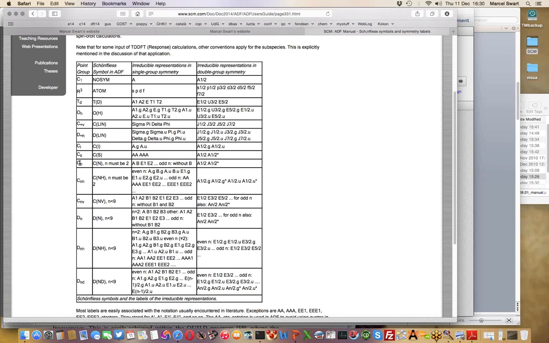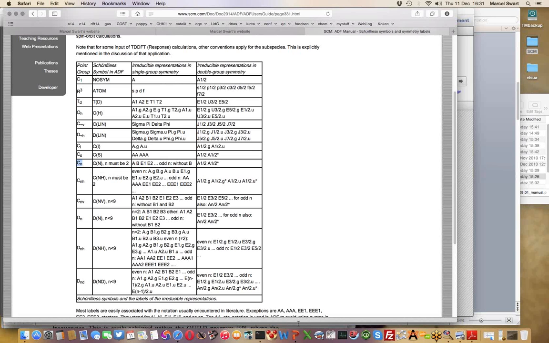Here we have C4 symmetry, but because you need to have abelian symmetry within ADF, you cannot use all symmetry representations. In the case of the CN point groups, you can only use C2.